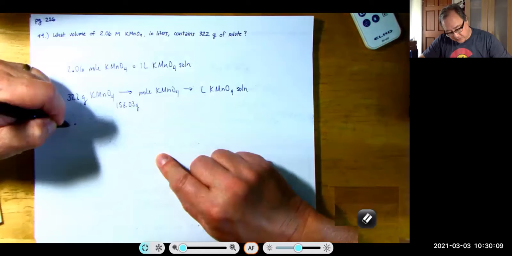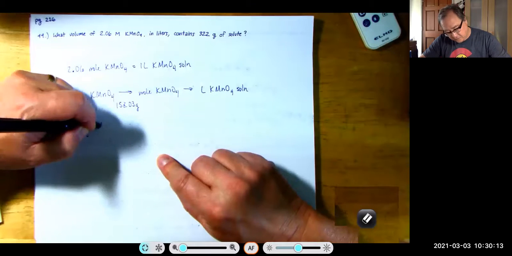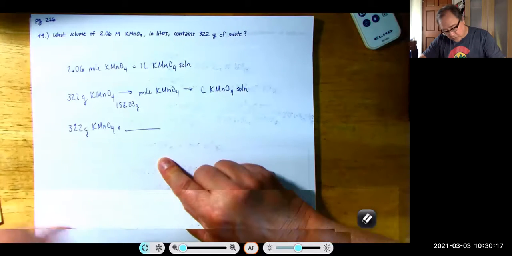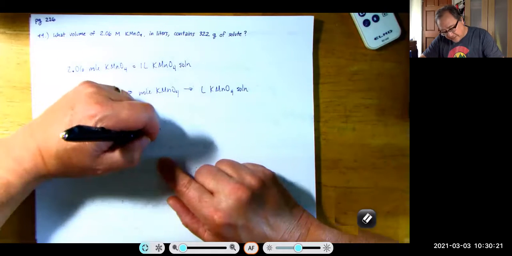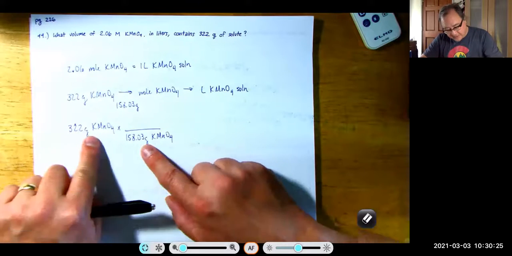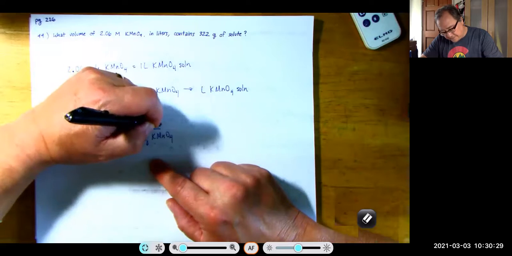So we're going to go with 322 grams of KMnO4 times 158.03 grams of KMnO4. And this goes on the bottom so that the grams cancel out. And we put 1 mole of KMnO4 on top.